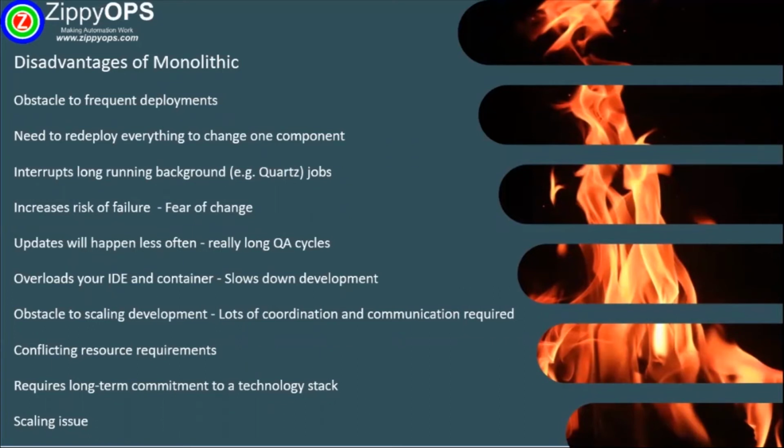Okay, so this is another disadvantage, and it increases the risk of failure because one change may impact the complete application. Okay, and updates will happen very less often, because it has huge QA cycles.